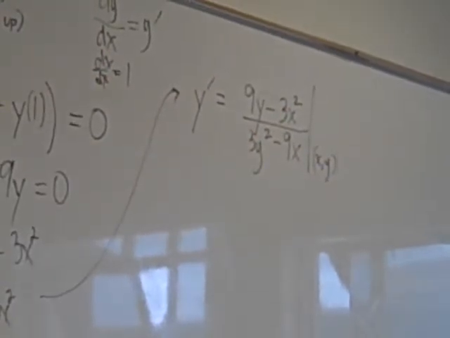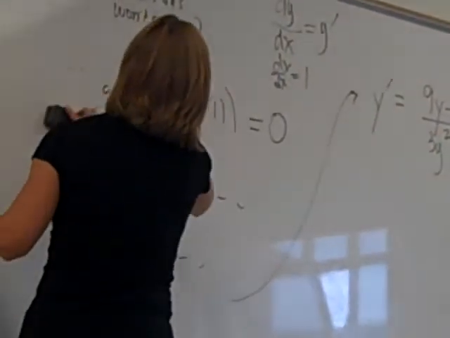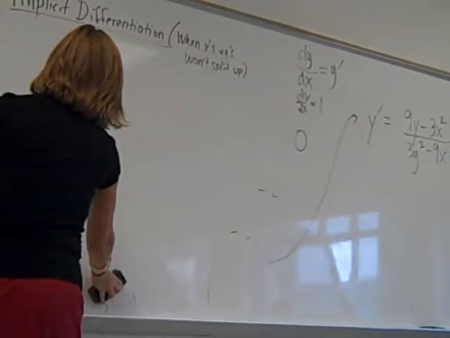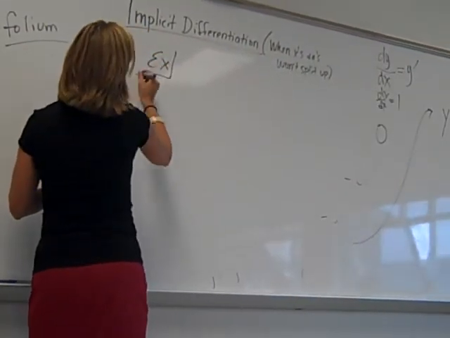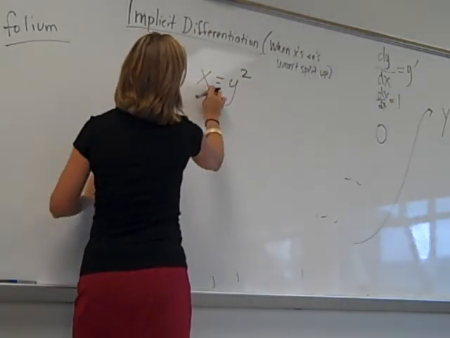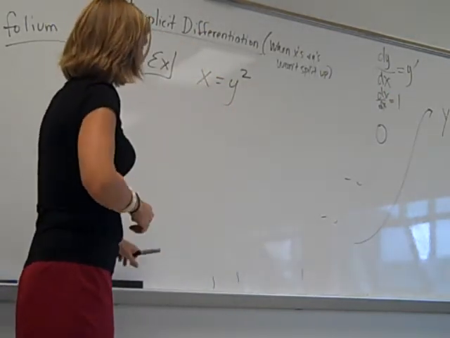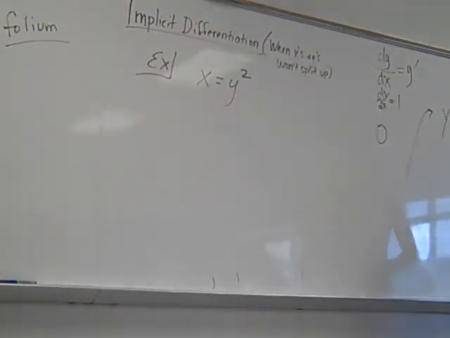Okay, so to explain a little bit more, let's look at a really easy one. Let's look at x equals y squared. Now this doesn't have to be an implicit function, or it's not a function, sorry, it's a relation.